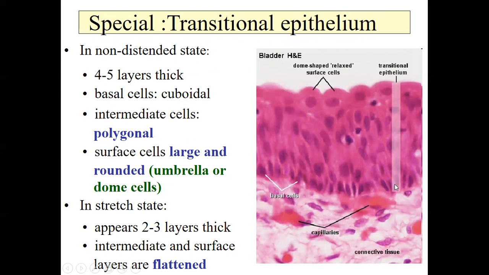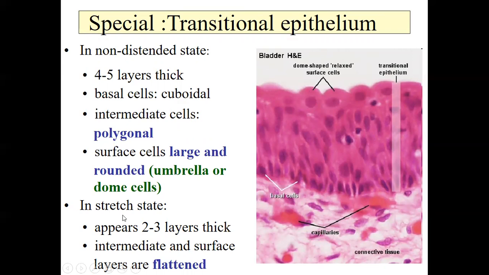The basal cells here are cuboidal in shape, and the intermediate cells are polygonal, meaning they have multiple shapes. The surface cells are very large and rounded, umbrella or dome shaped. You can see here a dome shape.